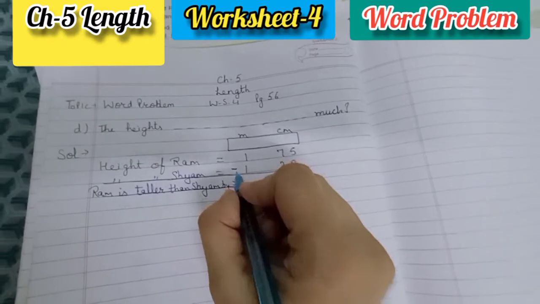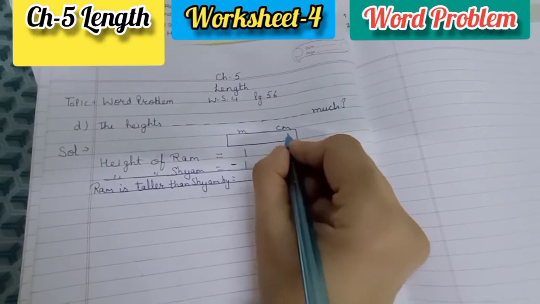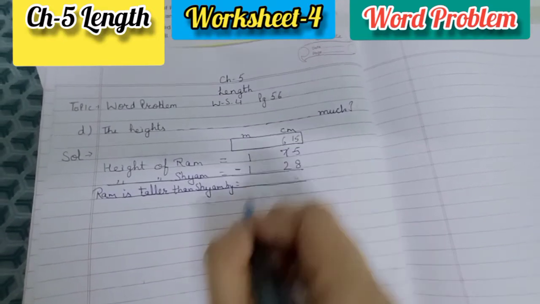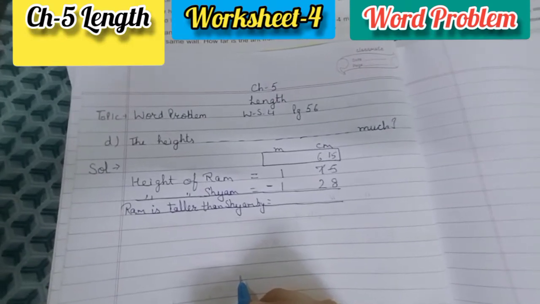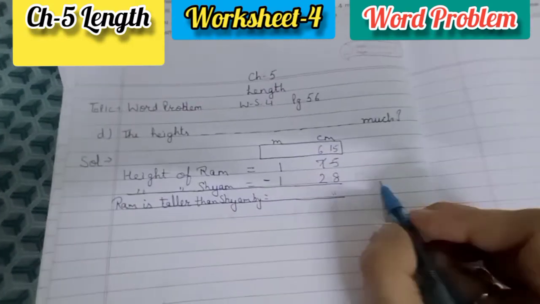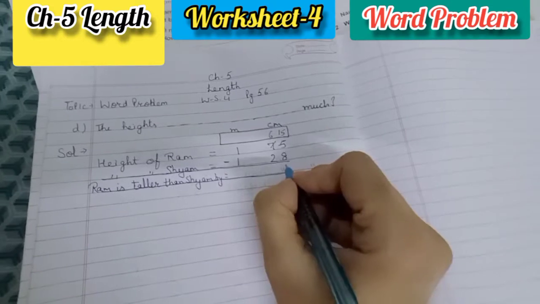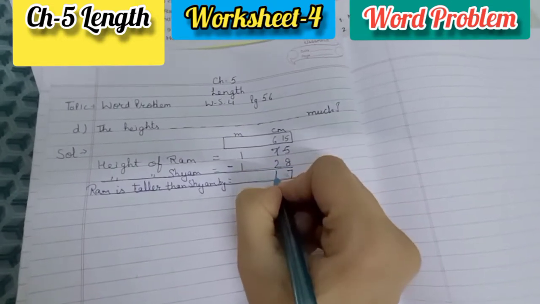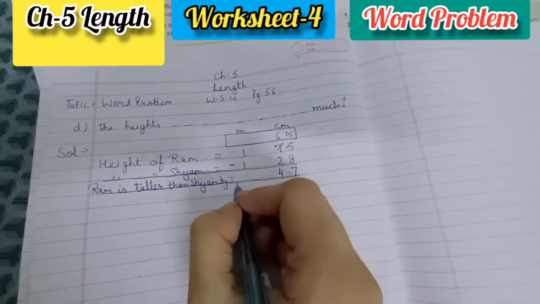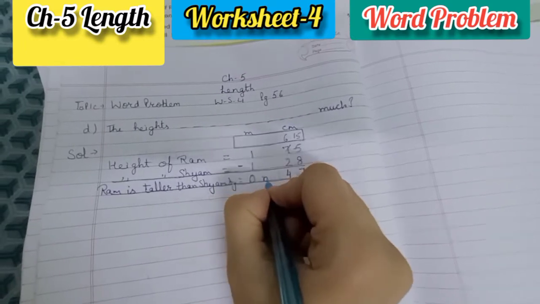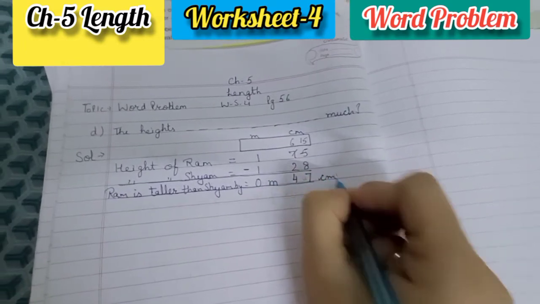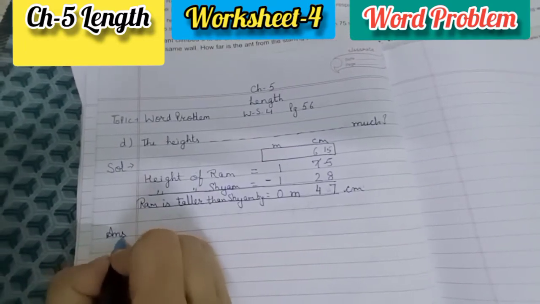So by we will subtract it. We get 15 minus 8 and from 7 we borrow 1. Now 15 minus 8, that is 7. 6 minus 2, 4 and 0. So we get 0 meter 47 centimeter.